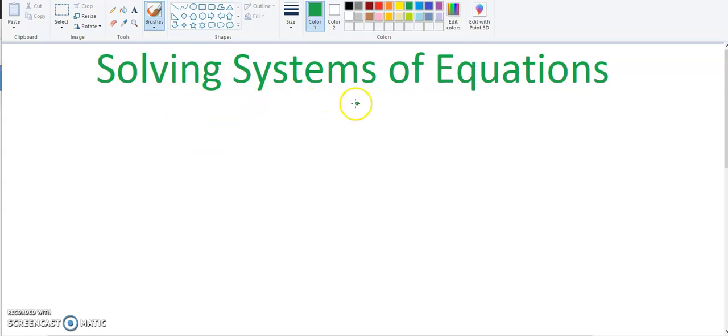So a system of equations is basically a group of equations that have the same or similar unknowns. A system of equations is only solvable when you have n equations and n unknowns. That means you must have the same number of variables and equations.